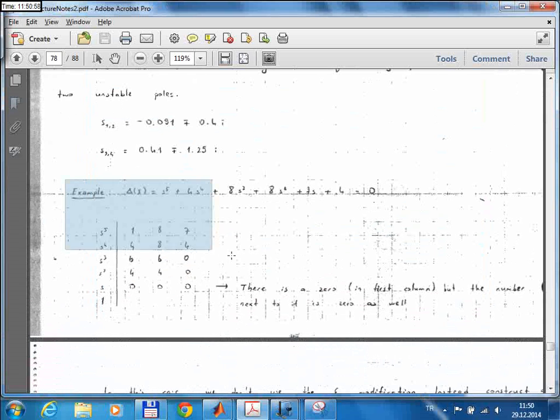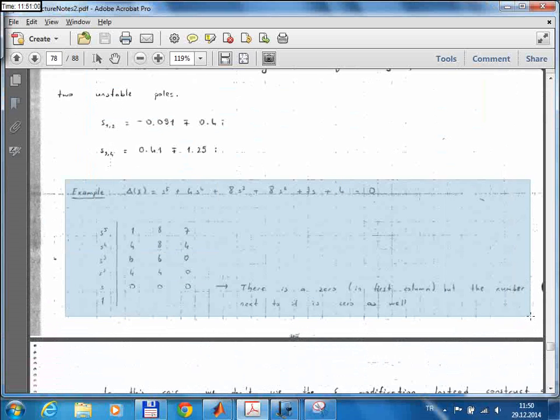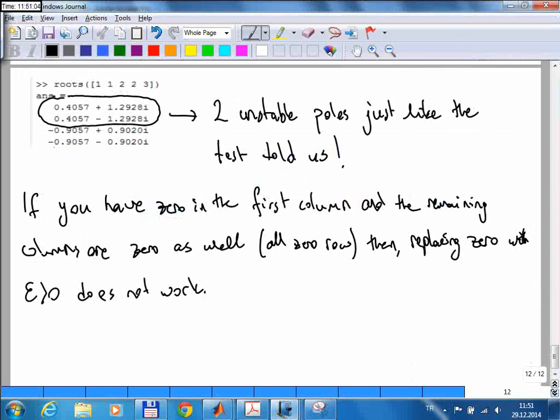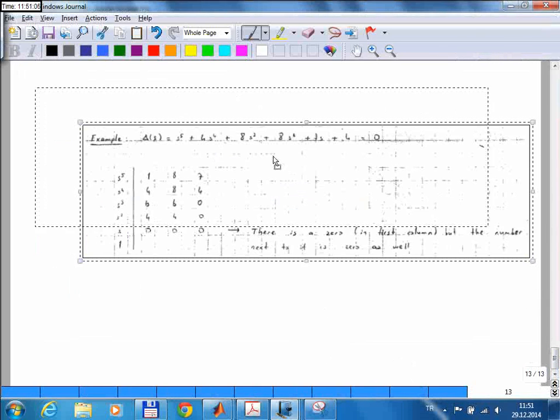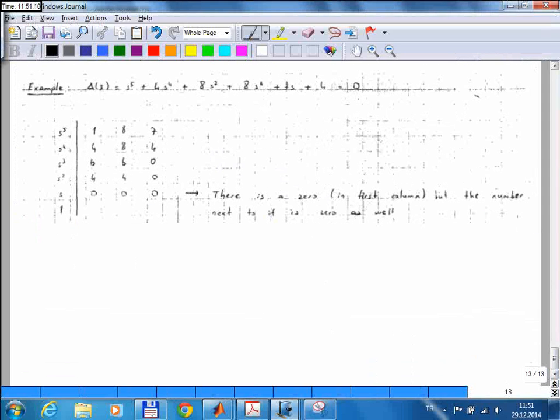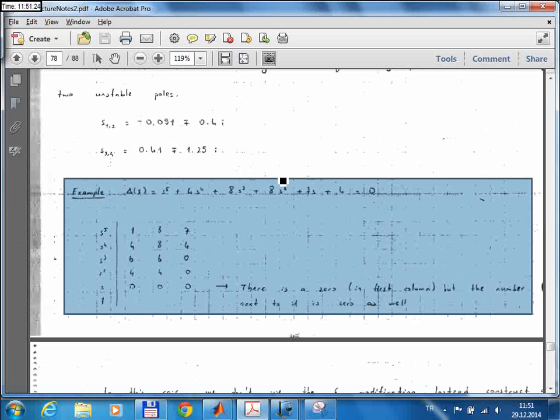So let's show that on this example. So this is what I'm talking about. This is an all 0 row, right? Okay, so in that case, what you do is the following.